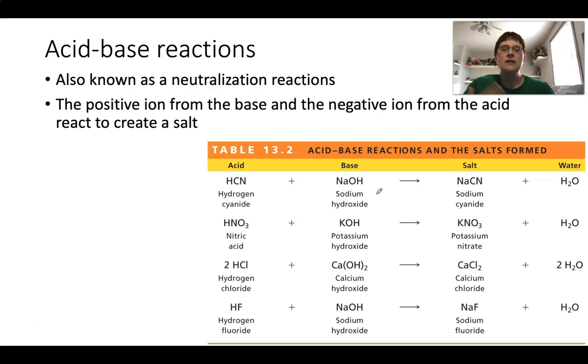When they do that, the positive ion and the negative ion are going to interact together. That's what creates the water. So if you look, here is the positive ion, here is the negative ion. That's what makes the water. What's left over, Cl and Na, that makes the salt.